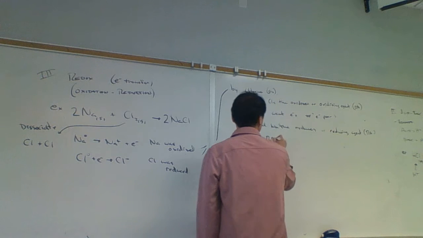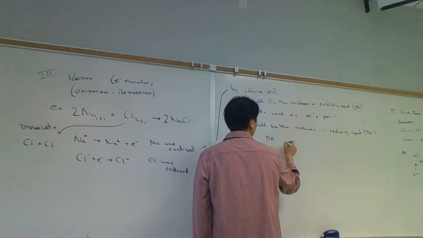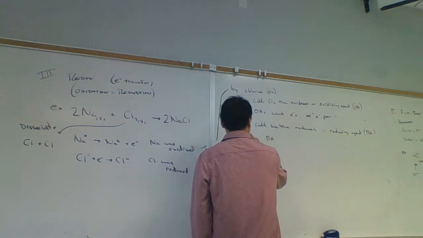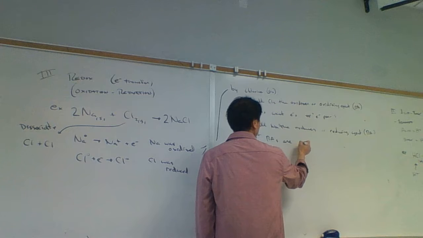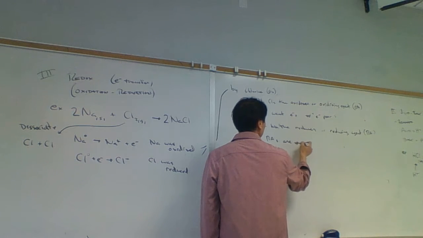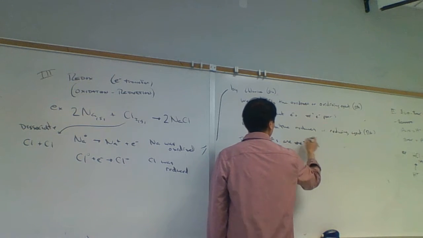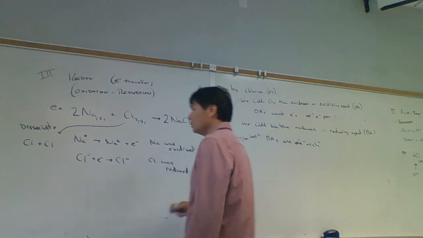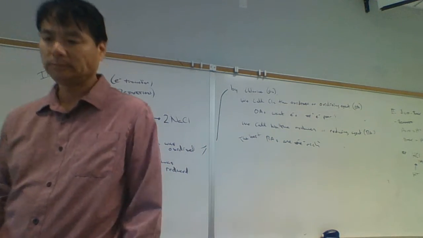And so reducing agents, the best ones are electron rich. The best reducing agents are electron rich.